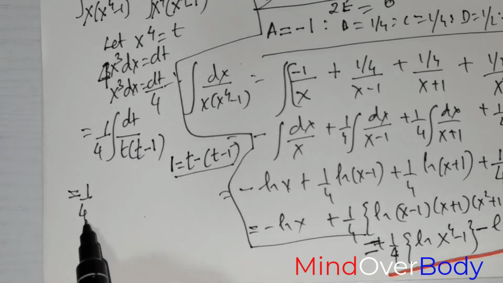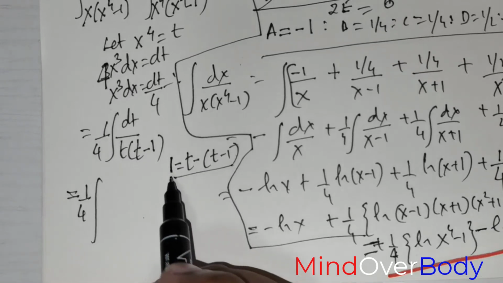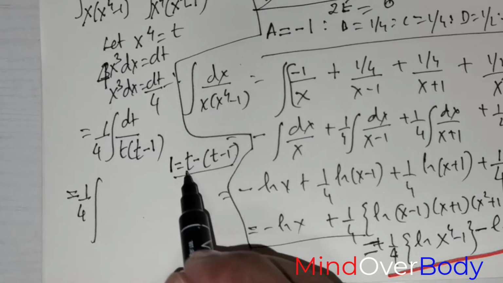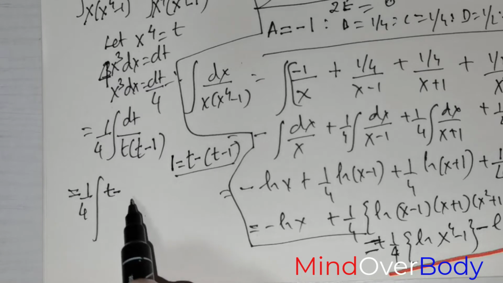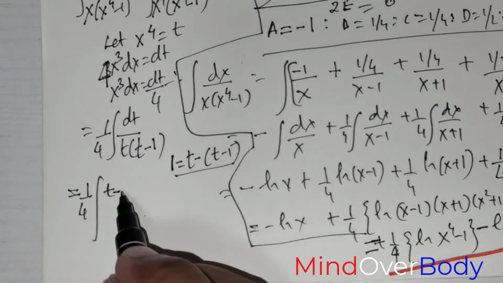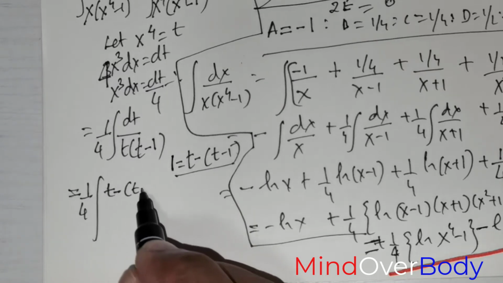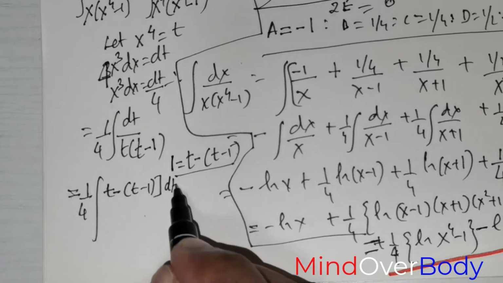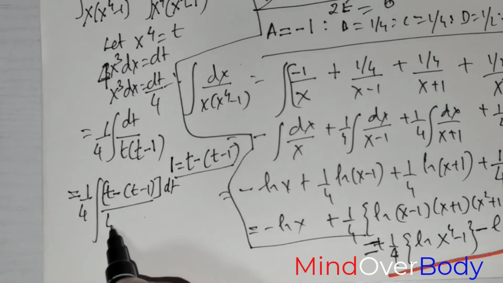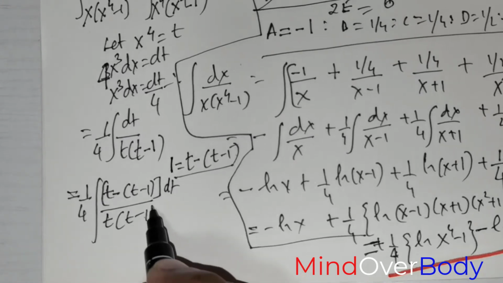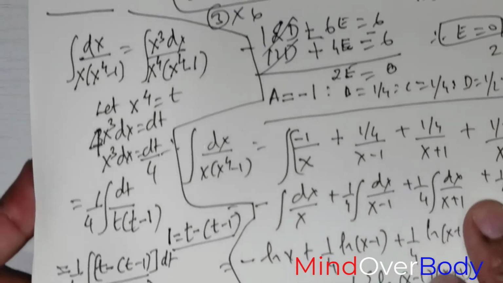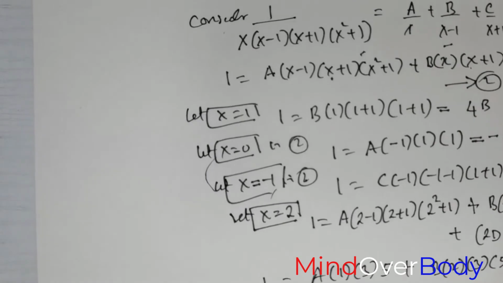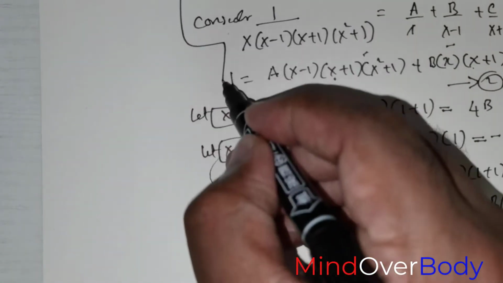So now we need to replace 1 by t minus of t minus 1. This is how we will do it. So I'm just going to substitute t minus of t minus 1 times dt divided by t of t minus 1, right? Now I need some space, so let me just use the space that is present over here.